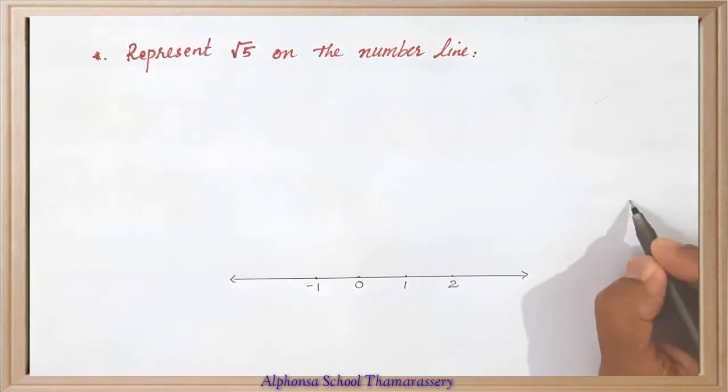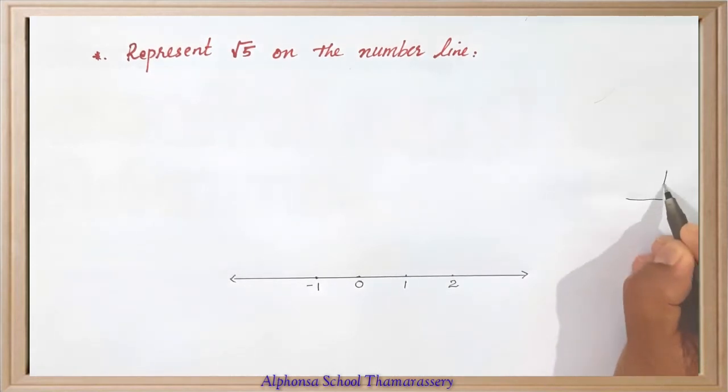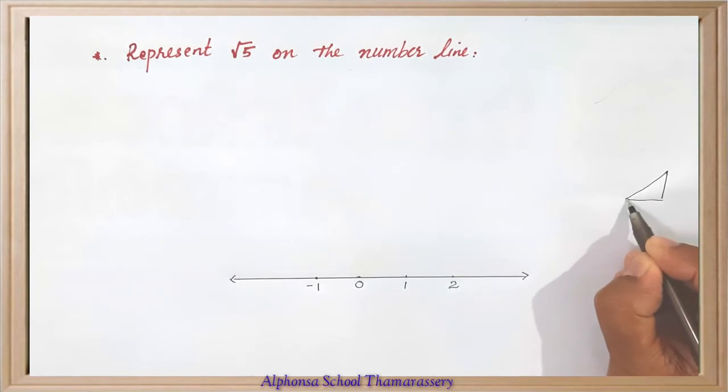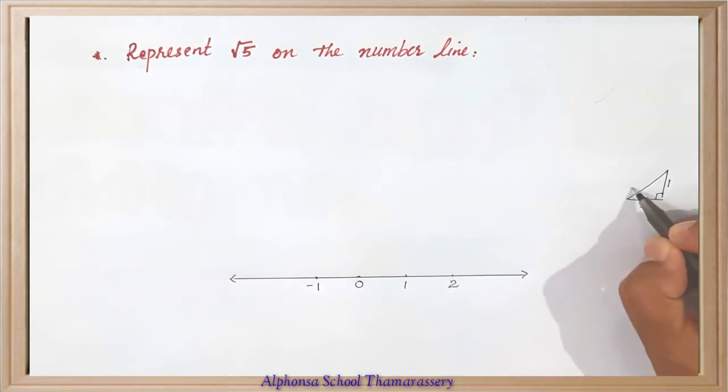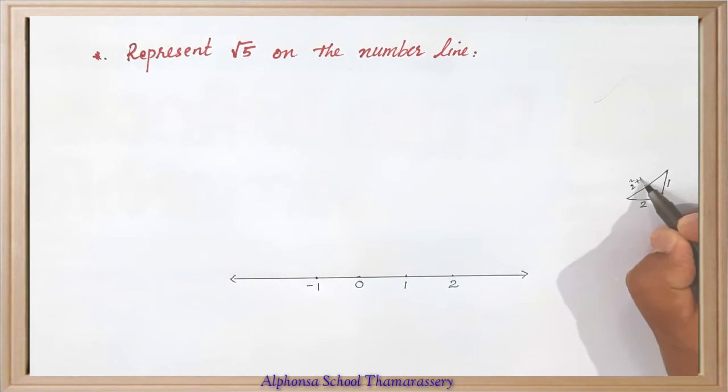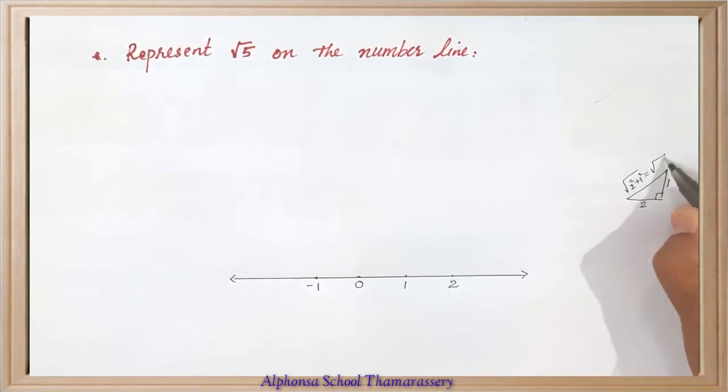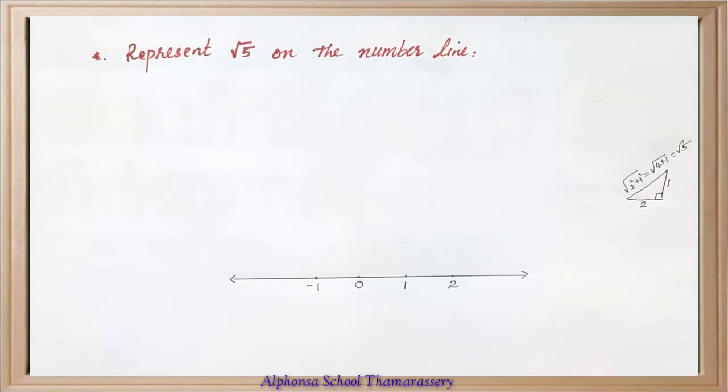So if you take a right triangle, base is 2 units and the altitude is 1 unit, then the hypotenuse will be the square root of 2 square plus 1 square. That will be equal to 4 plus 1, that is equal to root 5.